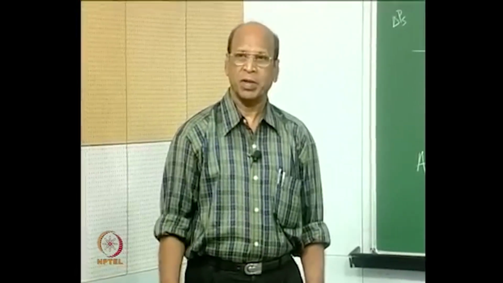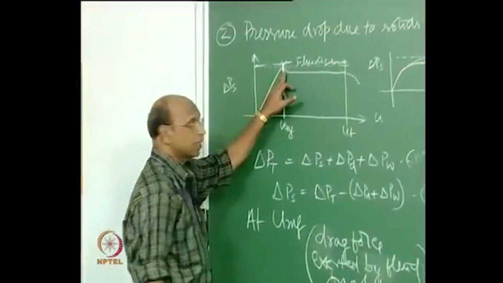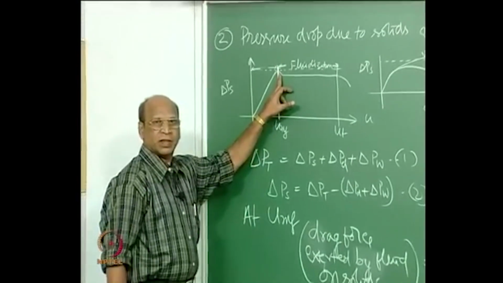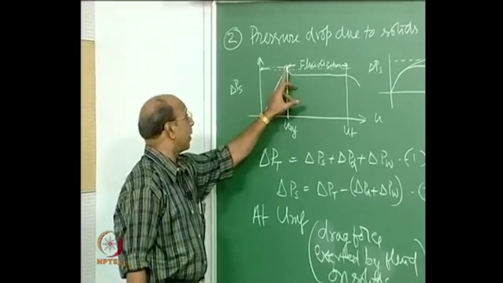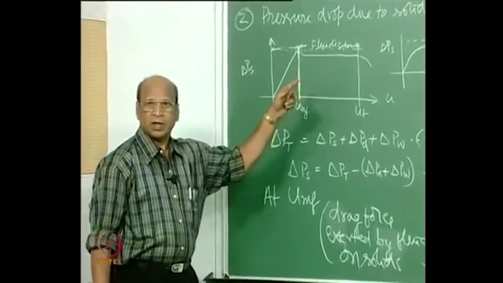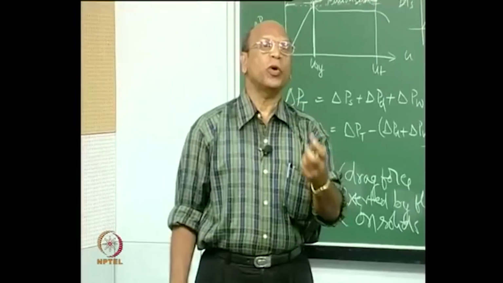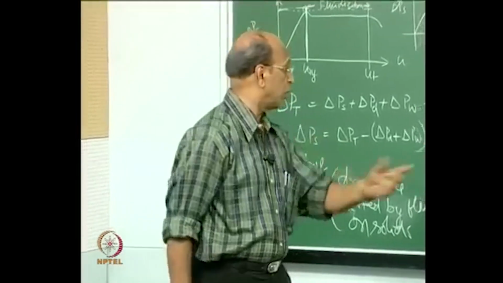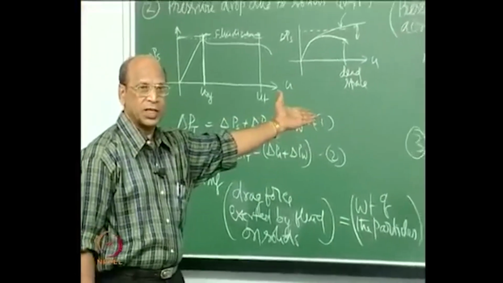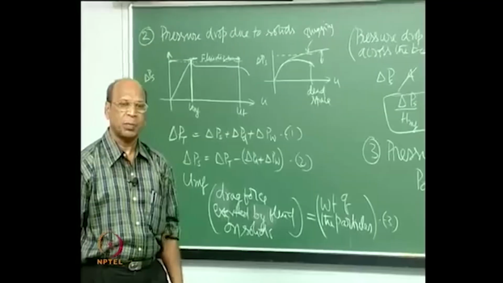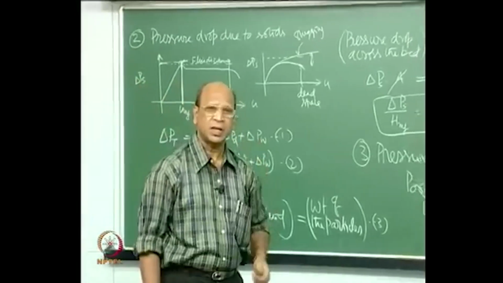That is the packed bed. So, at this point, what is happening? The packed bed pressure drop must be equal to the fluidized bed pressure drop. What is the fluidized bed pressure drop? Equation 3. What is the packed bed pressure drop? Remember the name, Prabhu?